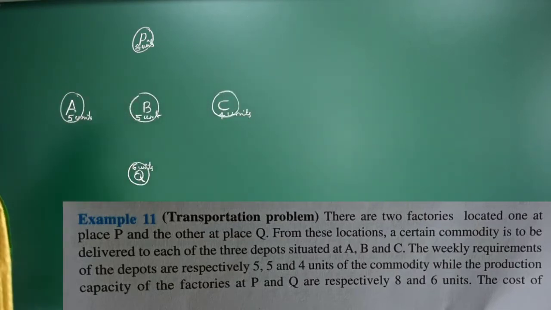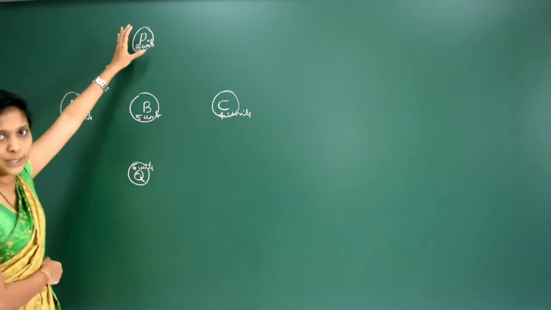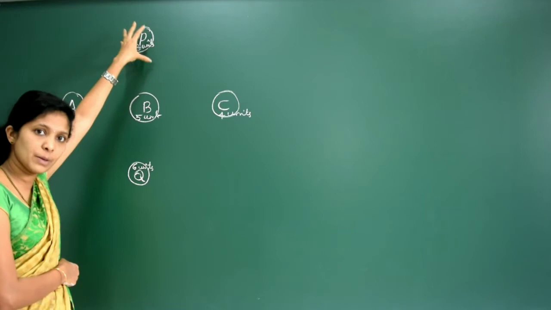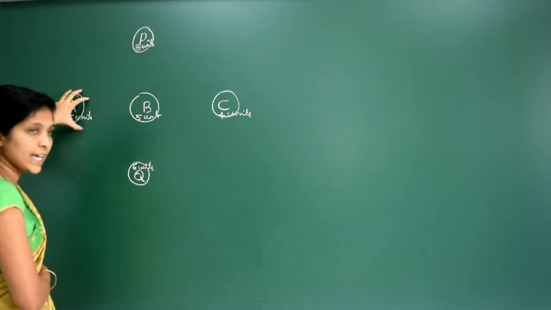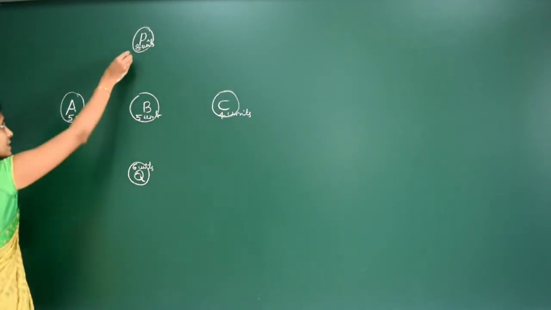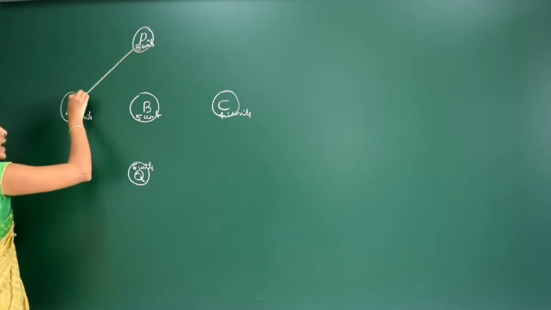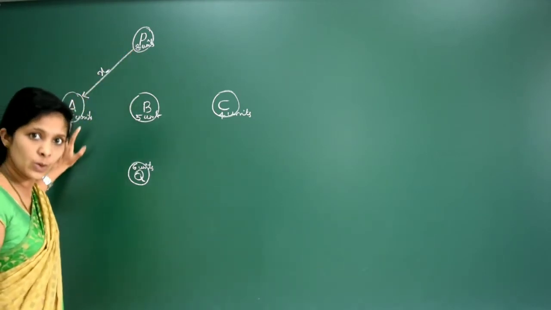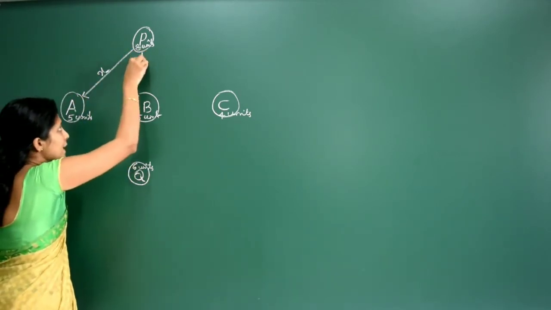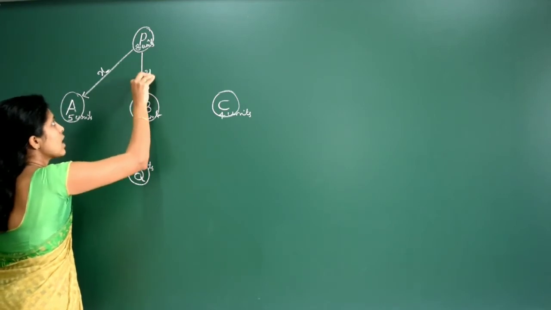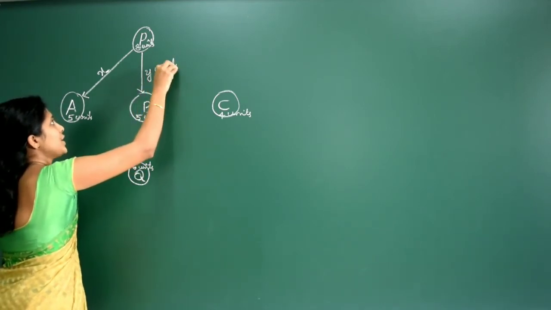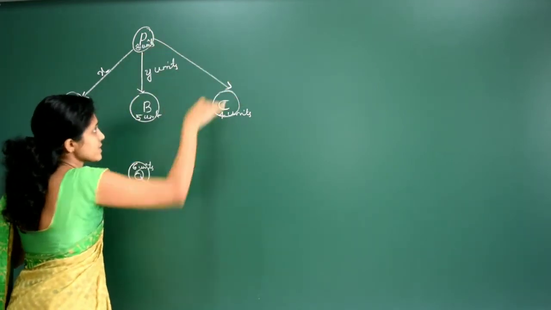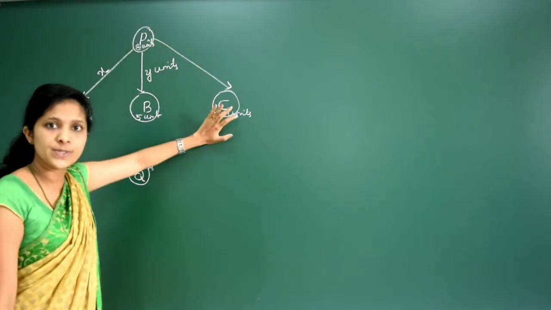Now by using this, what can we write? From factory P, a certain number of commodities should be transported to A, B and C. Let us consider X units of commodity is transported from P to A, and Y units from P to B. Now can you say how many units can be transported from P to C?